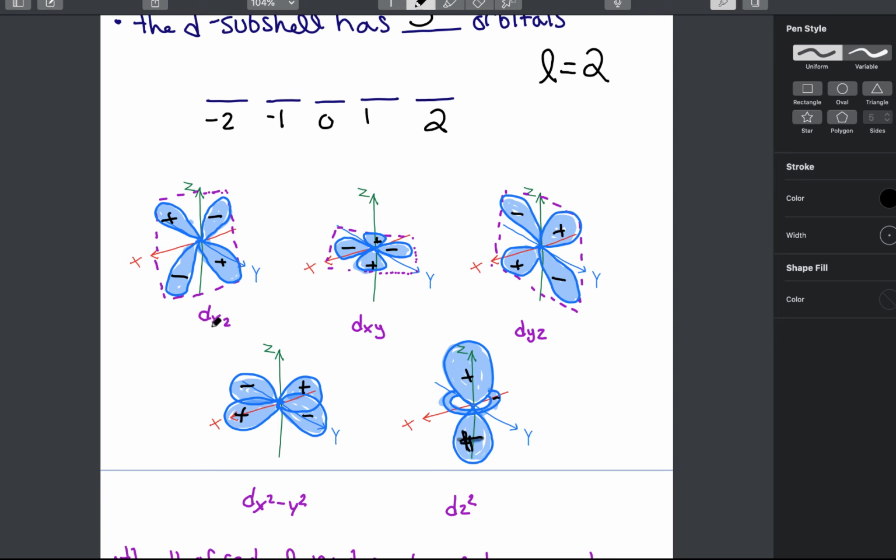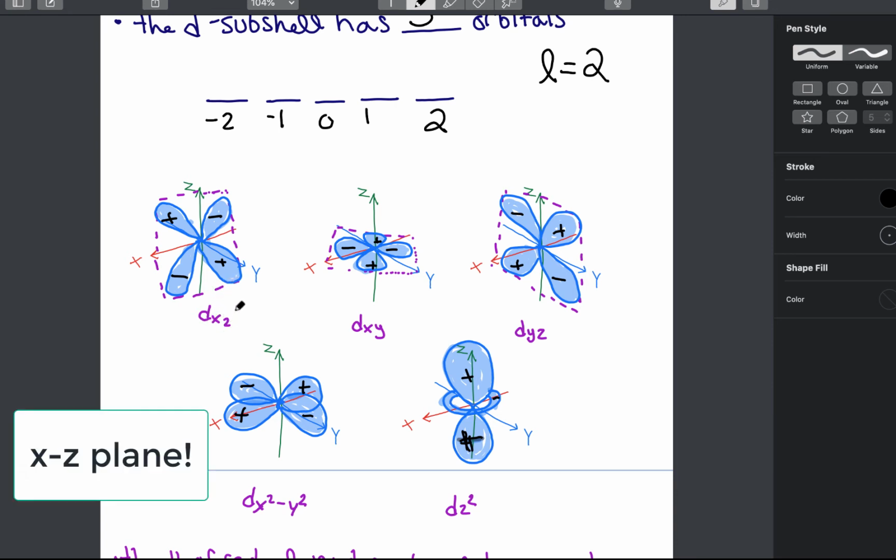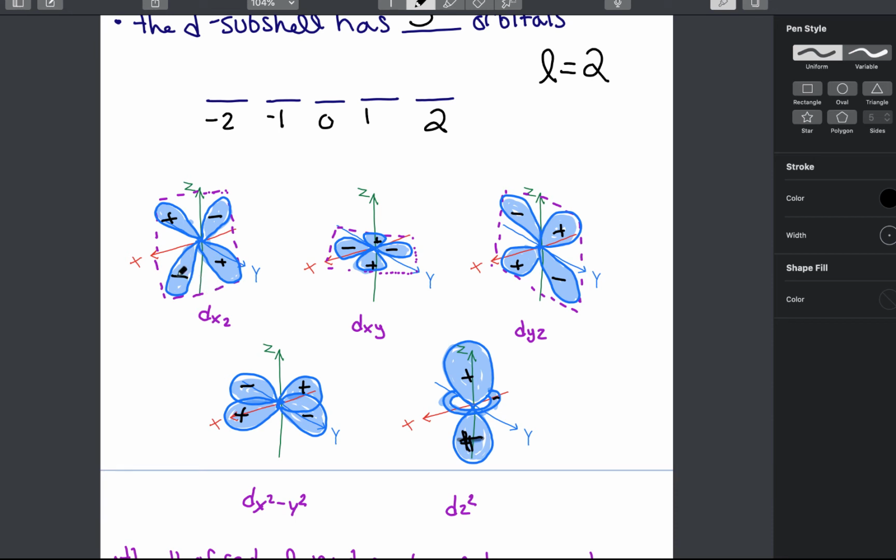So for example, let's look at the first orbital here. The first d orbital is a dxz orbital. So what does this mean? Well, a dxz orbital means that your d orbital is aligned on the xz axis. Here in purple, I outlined for you what the xz axis is. It's basically this square that covers both the z-axis and the x-axis.